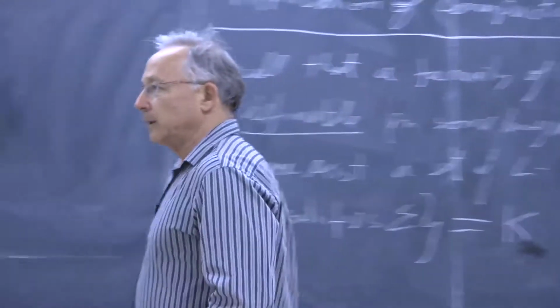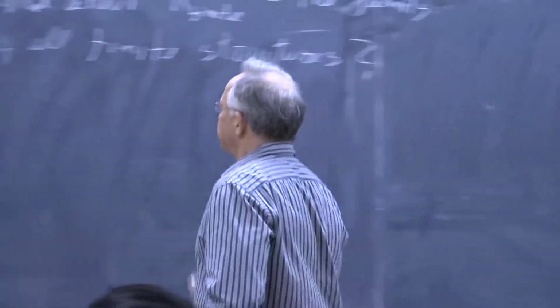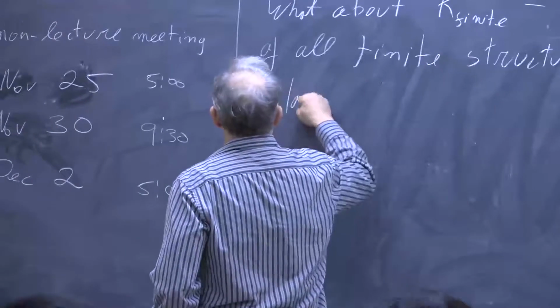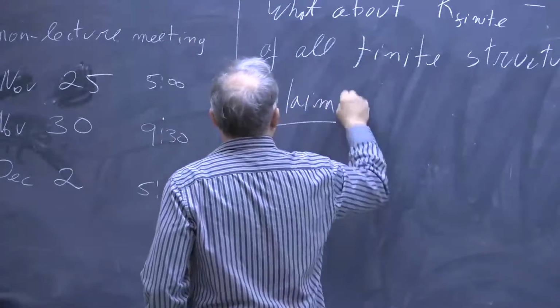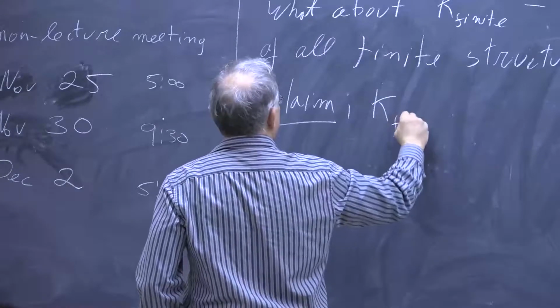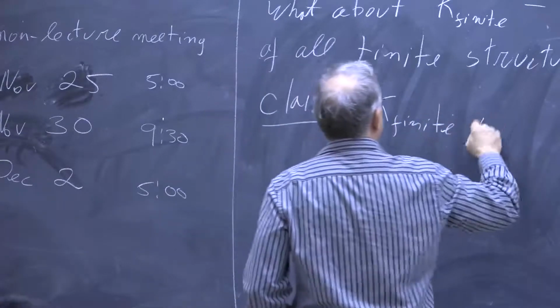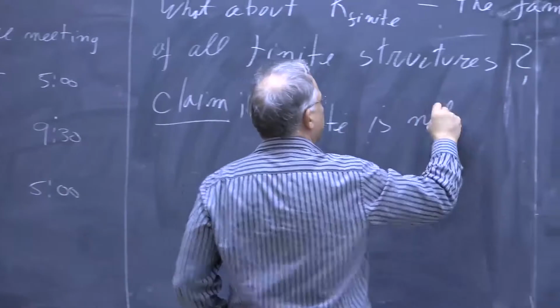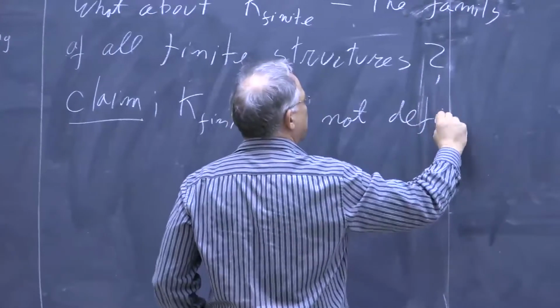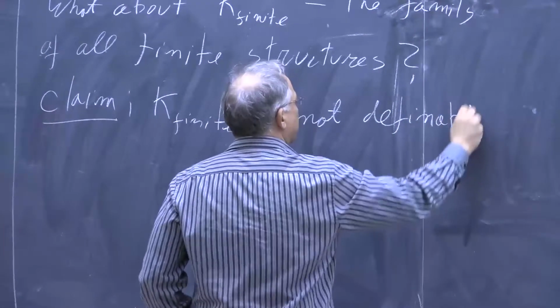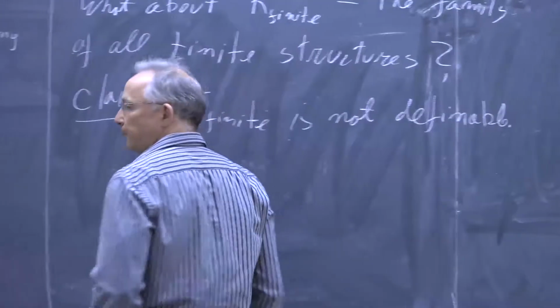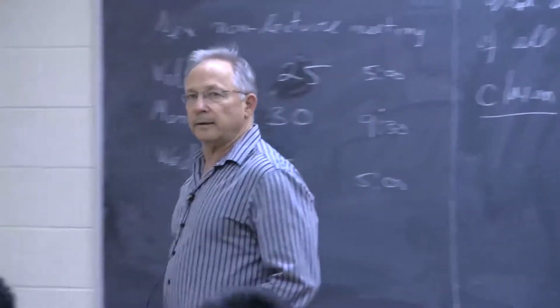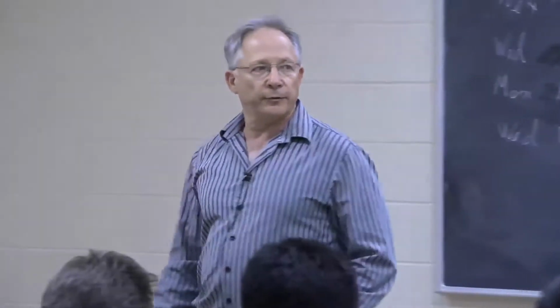So the claim is that K finite is not definable. There's no way we can come up with a set of formulas that will define K finite.